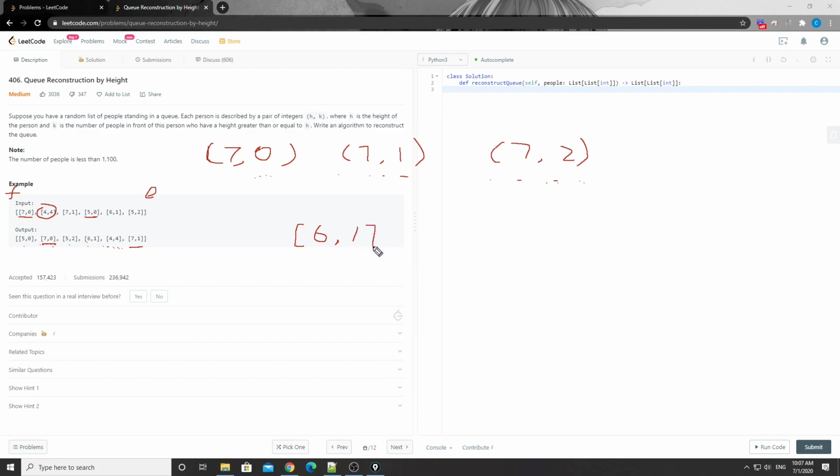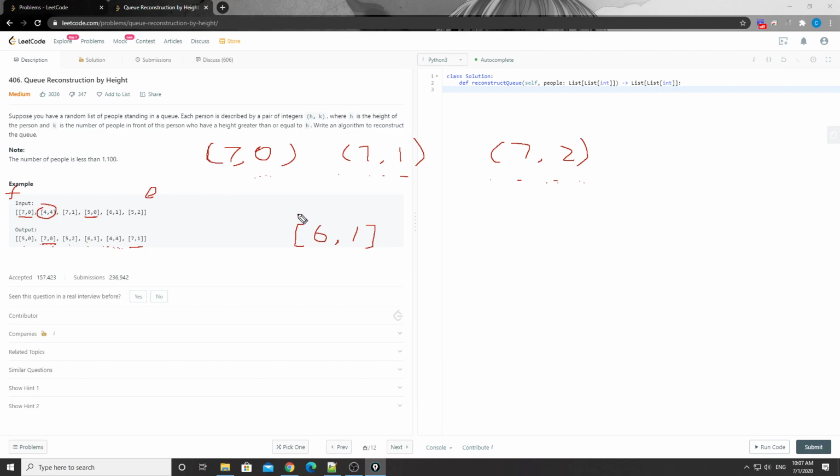So what does this 6 1 mean? 6 1 means there is one person taller than him on the left side.